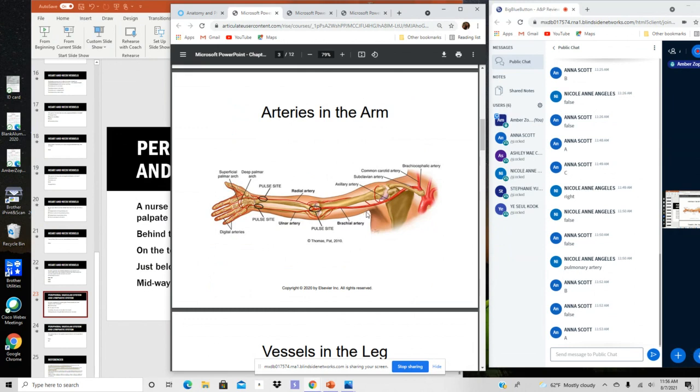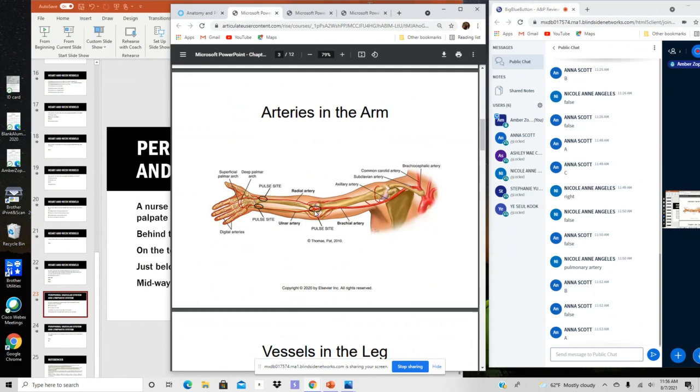It becomes the axillary artery, which supplies the armpit and the thorax. And then the axillary artery becomes the brachial artery, which can be palpated at the antecubital fossa, which is right here. That's why this is circled and it says pulse site, because you can palpate the brachial artery at this site.